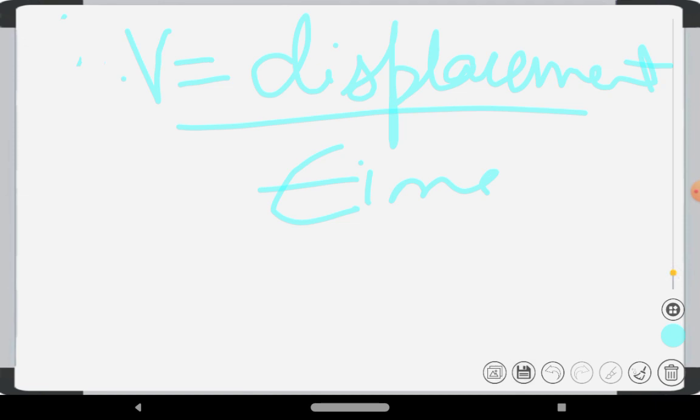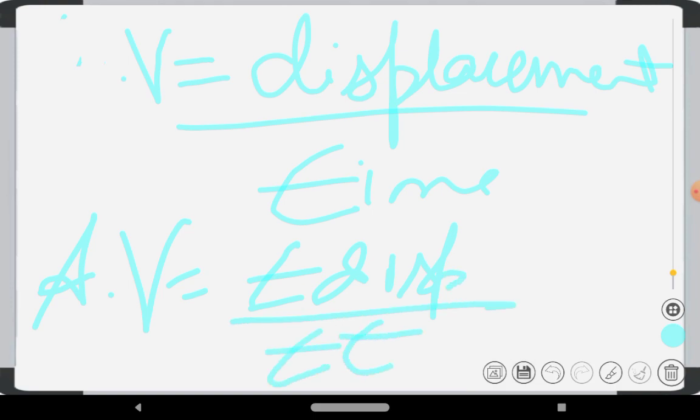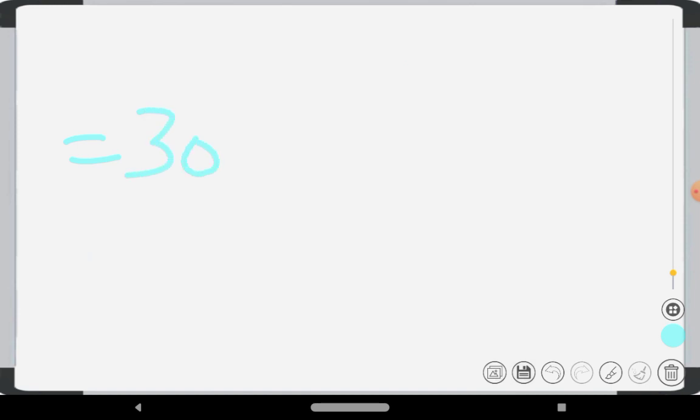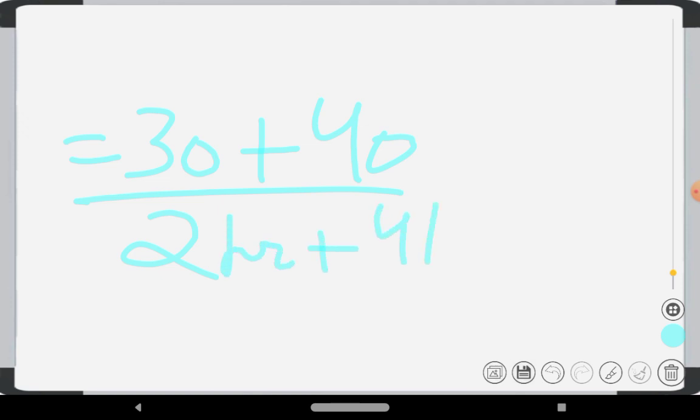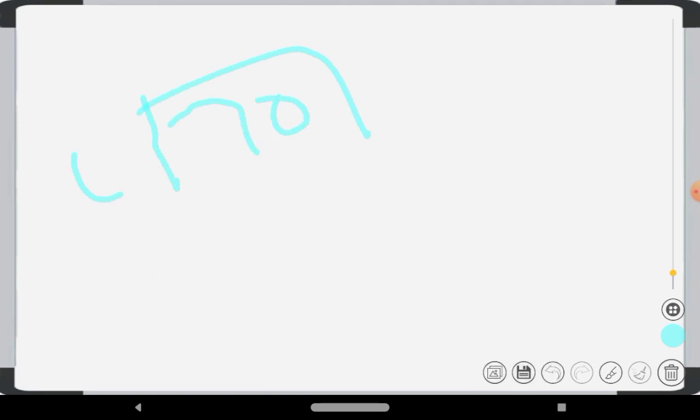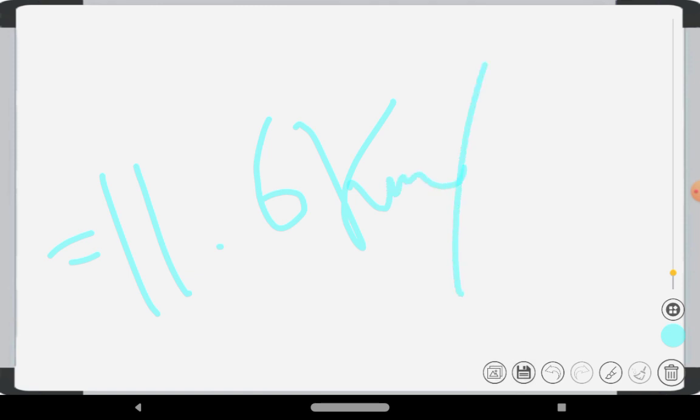Here we are going to talk about average velocity, which is equal to total displacement upon total time, which is equal to 30 plus 40 divided by 2 hours plus 4 hours, which is equal to 70 divided by 6, which is equal to 11.6 kilometers per hour.